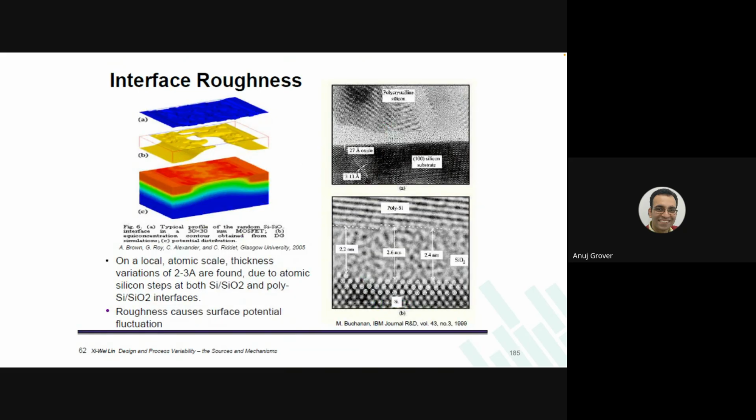So, interface roughness. What is interface roughness? Like when we grow the silicon dioxide on the side also, the molecular placement varies. See, the gate oxide thickness that you use in, let us say, 65 nanometers or 28 nanometers is of the order of 10 to 18 angstroms.